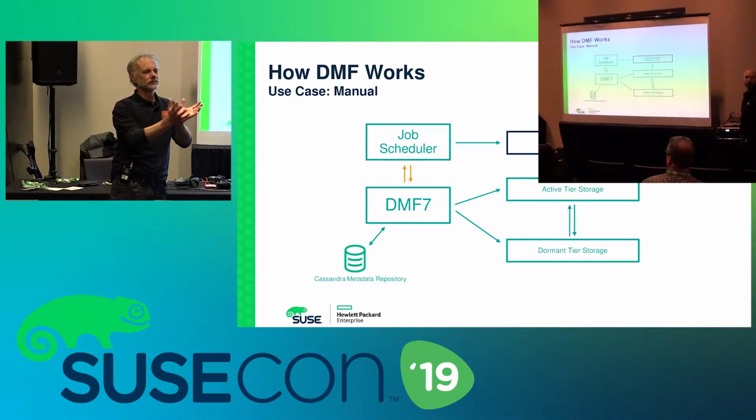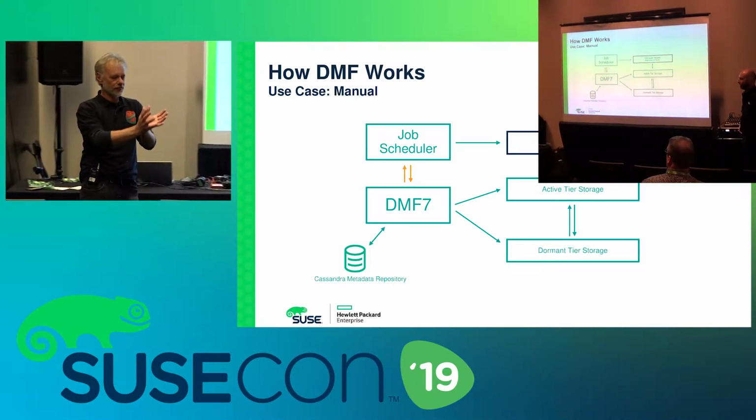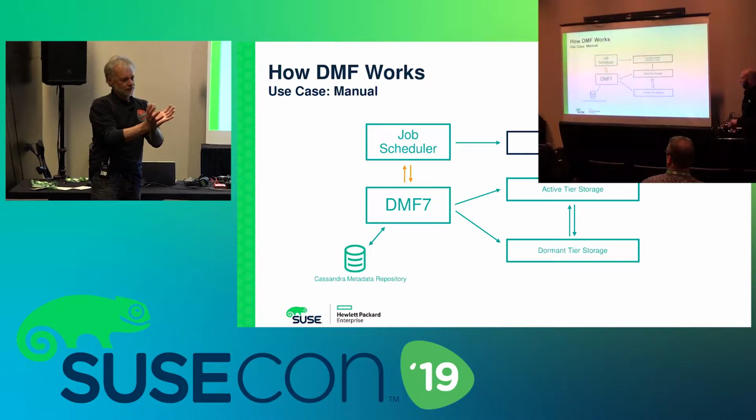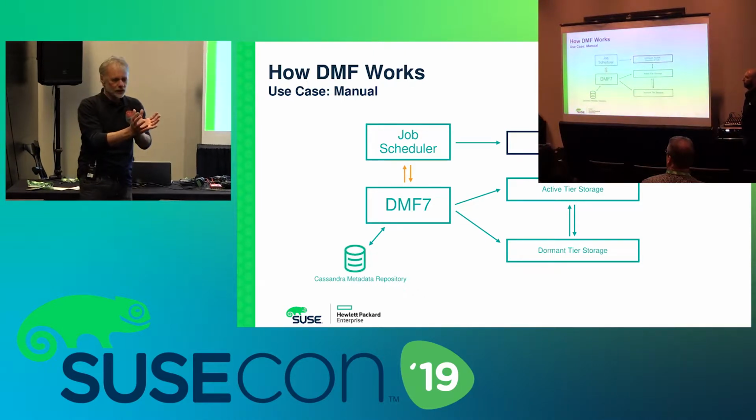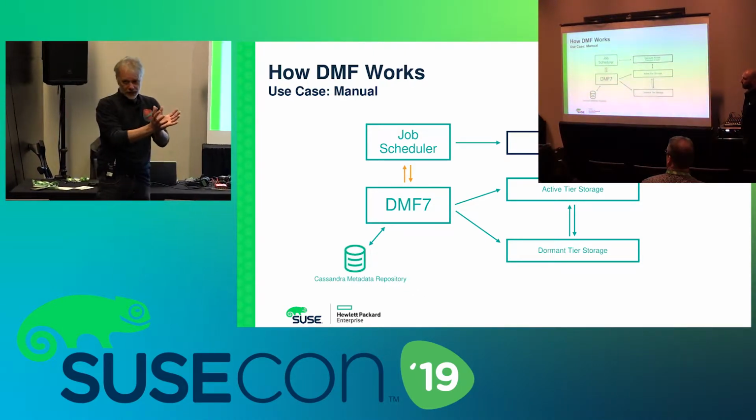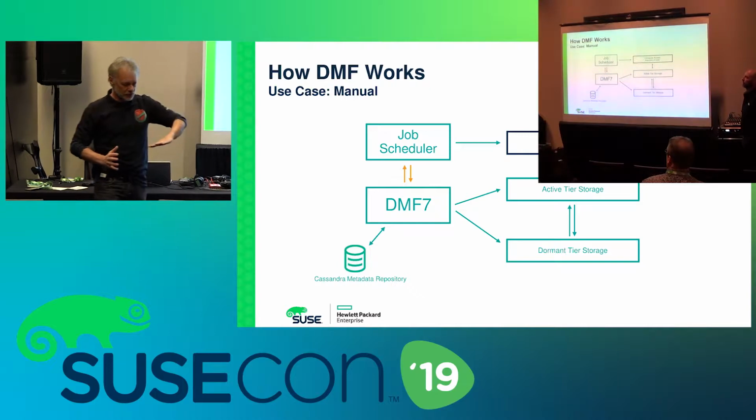You can buy some storage, so you cannot think to use that storage in a traditional way. You have limited space, so you can ask DMF to do some work for you.